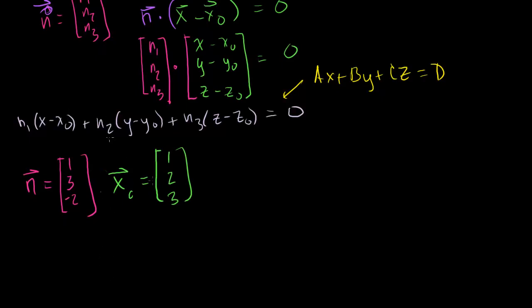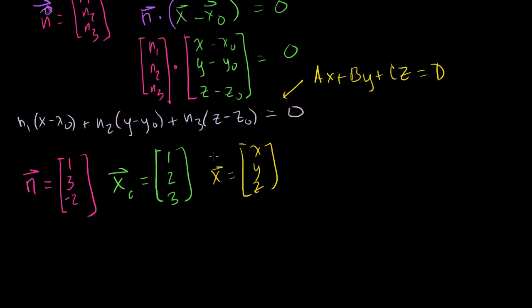Well, if I take any other point on that plane, x, y, z, the vector that's defined by the difference between these two is going to lie on the plane, right? This point and this point lie on the plane, so the difference between these two vectors will lie on the plane.